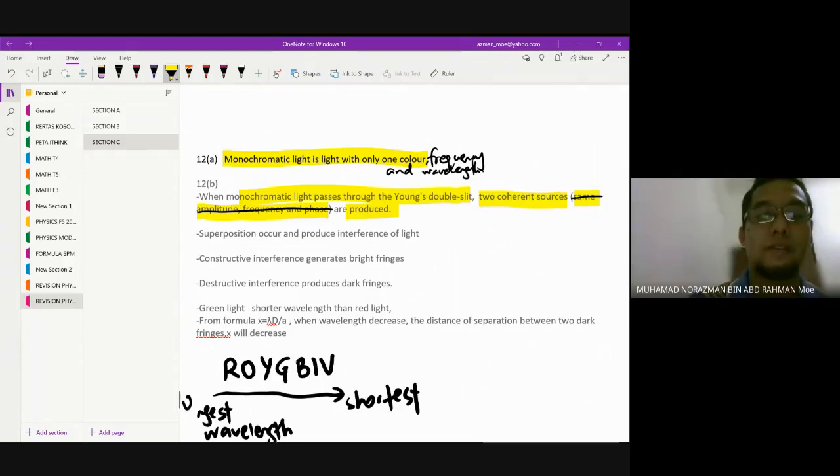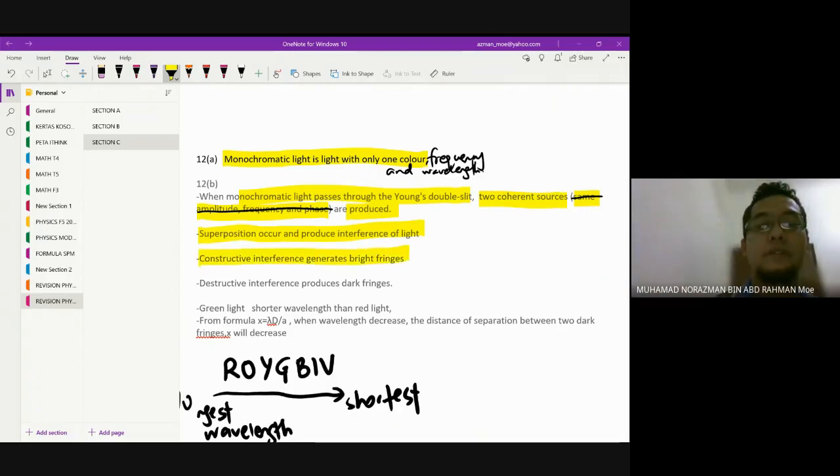Next, superposition occurs and produces interference of light. Interference of light consists of constructive and destructive interference. So which one produces bright fringes and which one produces dark fringes?